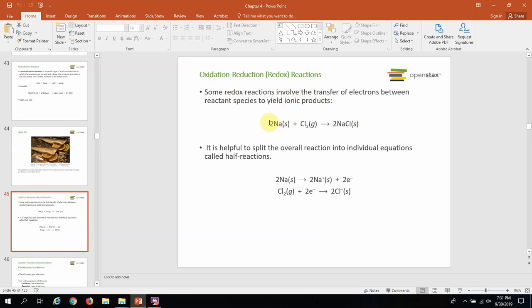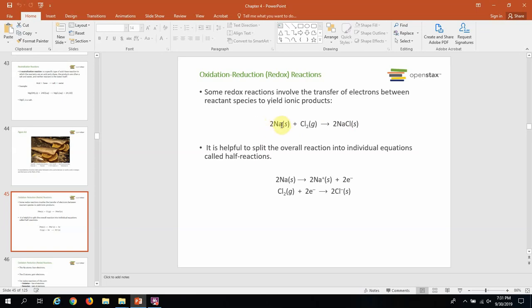We're going to be talking here about the change in oxidation number. Now, oxidation number is a concept very similar to charge, and sometimes it is exactly the charge on the ion. But in a compound, it may not be the charge on the ion.